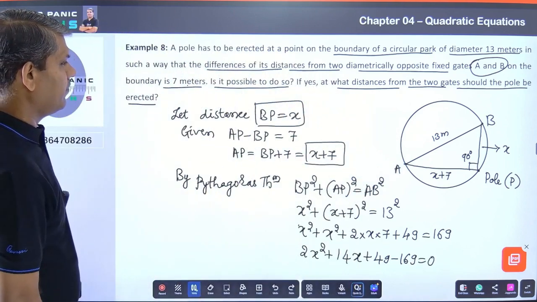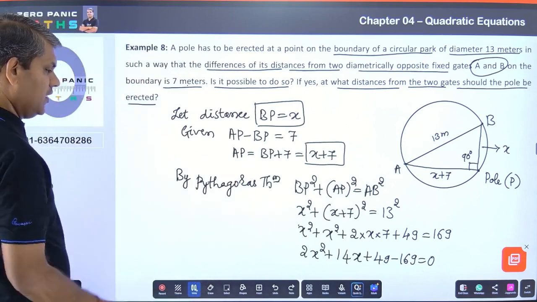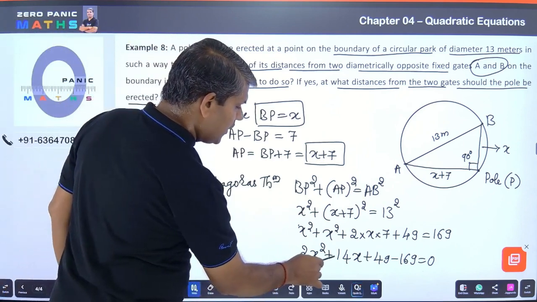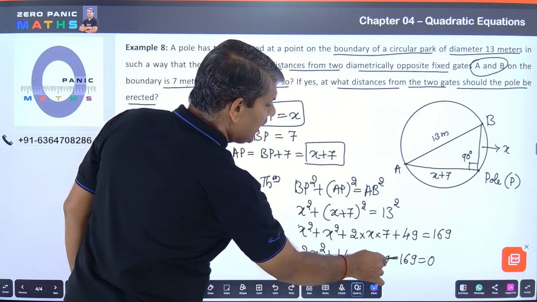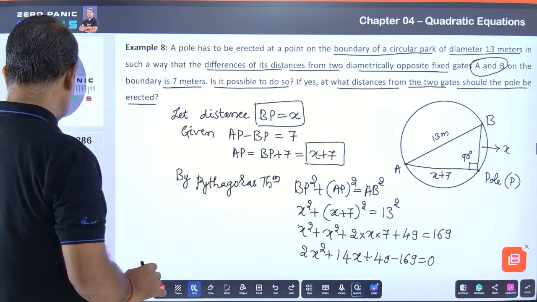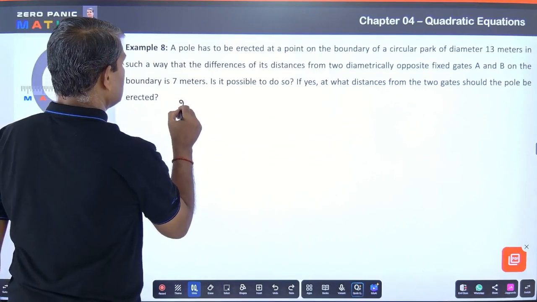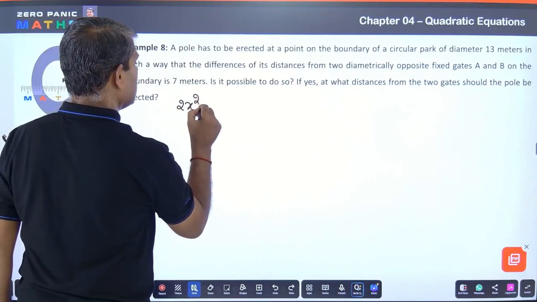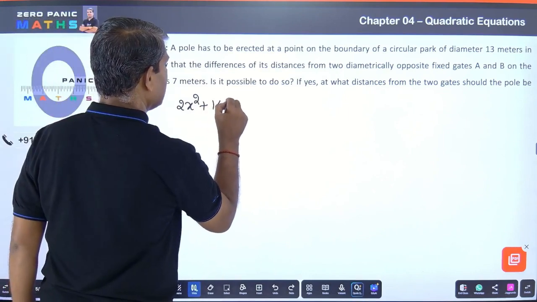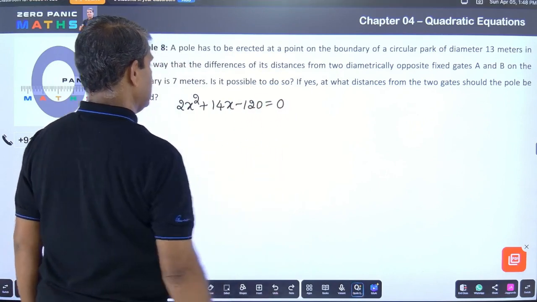Now let me write that part on the next slide. Remember this part, 2x square plus 14x, and 49 minus 169 is actually minus 120. So what we got is 2x square plus 14x minus 120 is equal to 0.